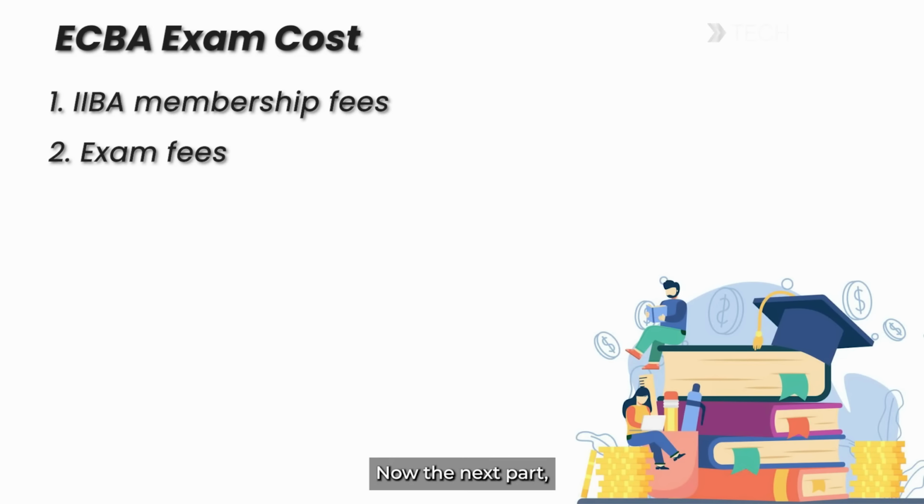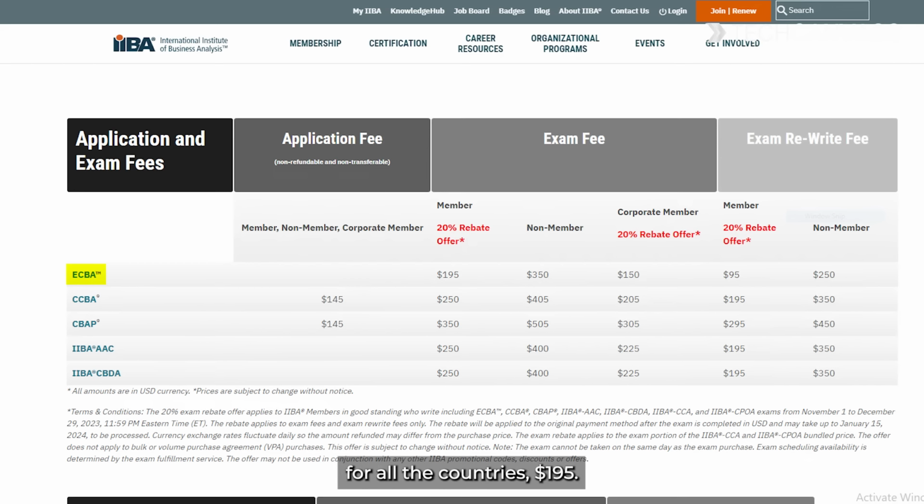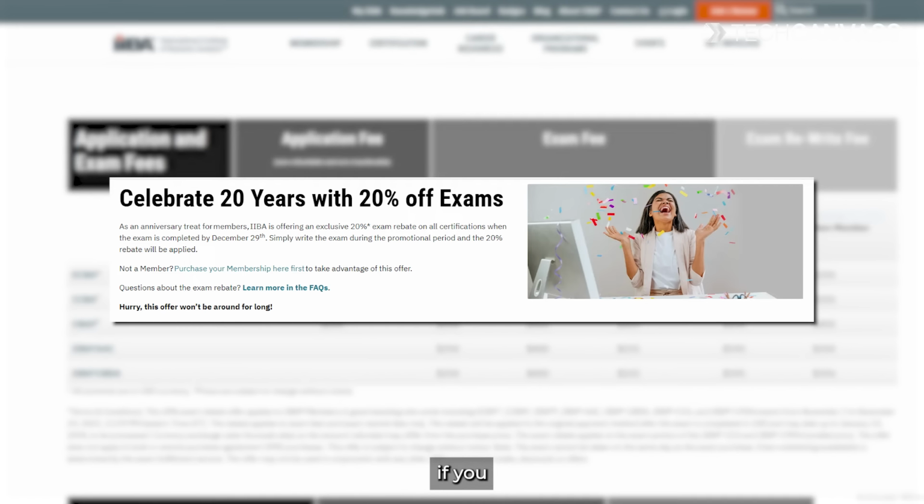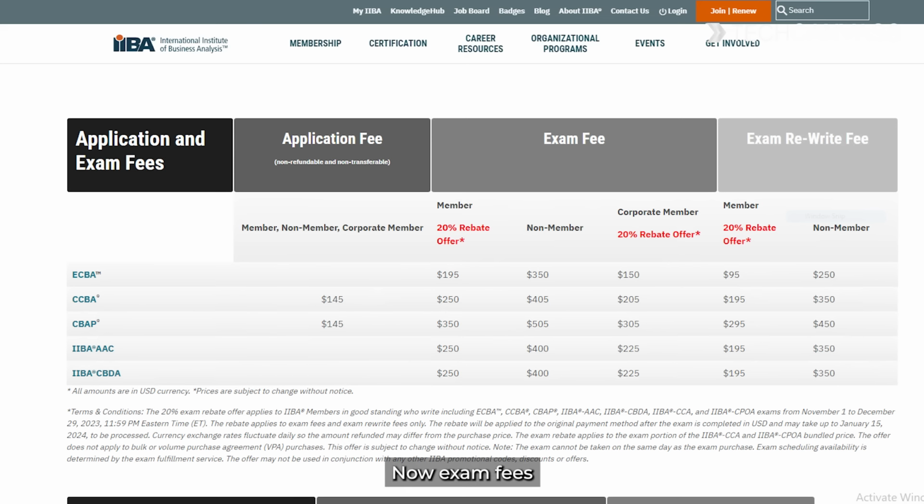Now the next part, which is the exam fees. Exam fees is uniform for all the countries, $195. Please remember that if you are taking the exam till 31st December 2023, you have a 20% rebate on the exam fees. Now exam fees is uniform across all the regions, which is $195 as shown on the IIBA website.